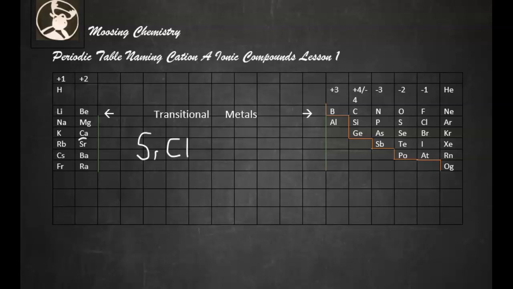All right, strontium is in group 2, so it has a +2 charge. Let's give strontium a +2 charge. Chlorine, however, is in group 17, right? It's got a -1 charge, and there's chlorine right there. So I'm going to put a -1 there. So now, look at these oxidation numbers. They're not the same, right? So we're going to crisscross them. And then we're going to call this SrCl2.